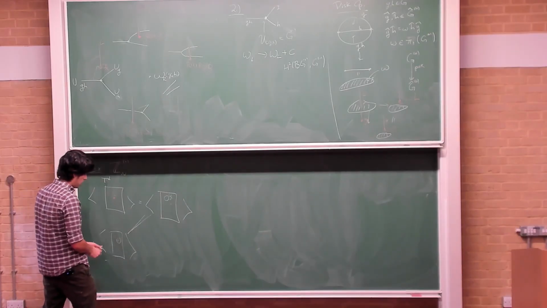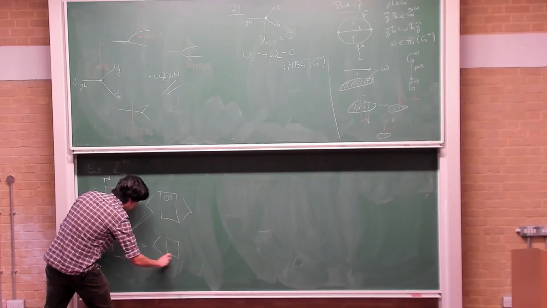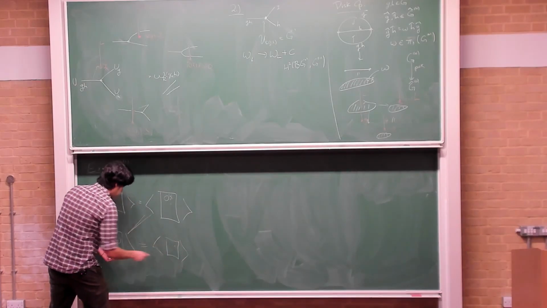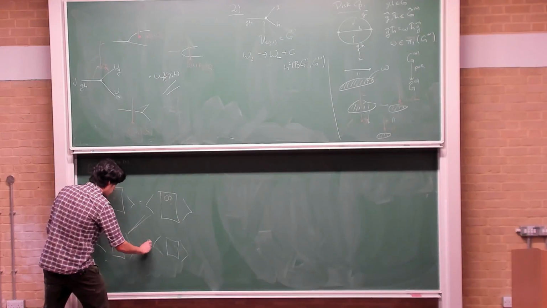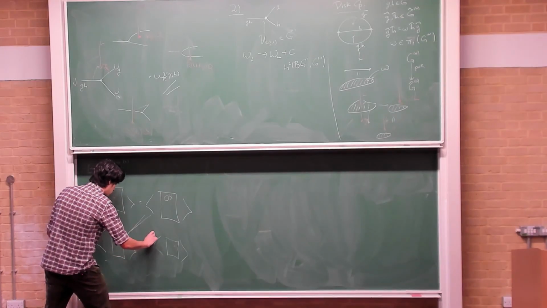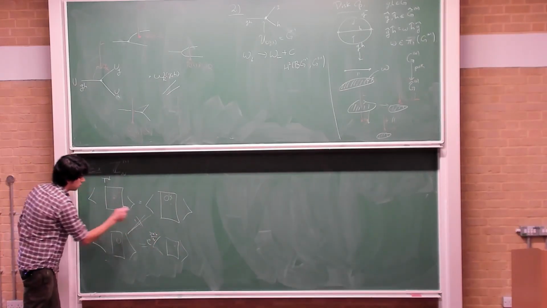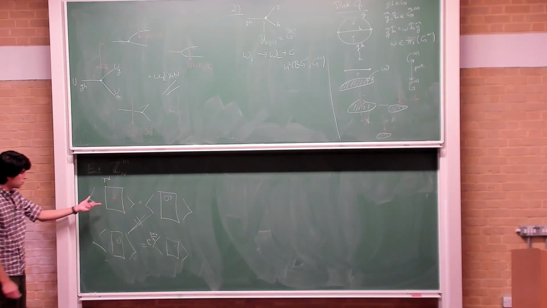Then you can contract it through an action, so that you get back the original correlation function times a phase, which encodes the action of the Zn one-form symmetry. Since these are equal up to a phase, you can conclude that the expectation value of this line operator is 0.